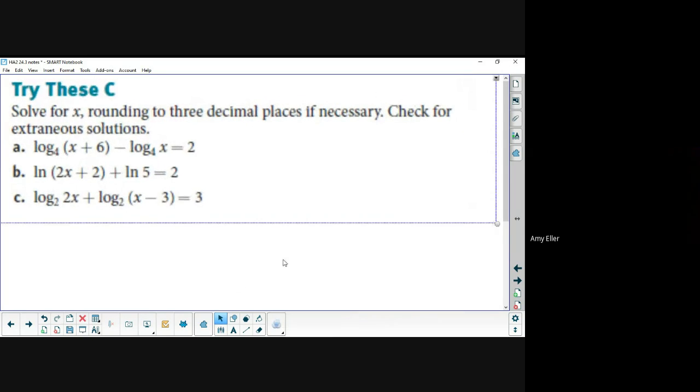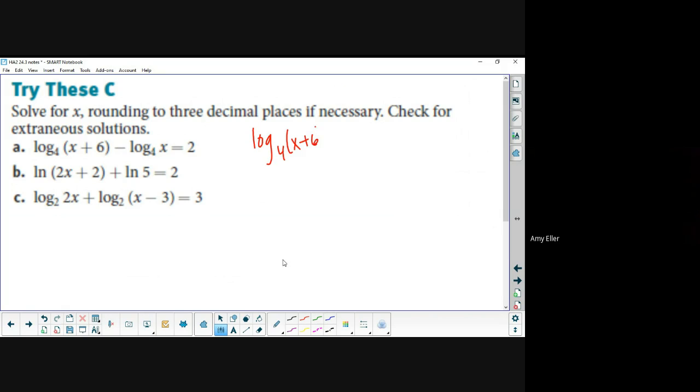Let's take a look at the first one. Maybe rewrite this if there's not space. Do we want to move this second log over? No, not if there's a number there. We don't have another good way to do it except for what they just said.